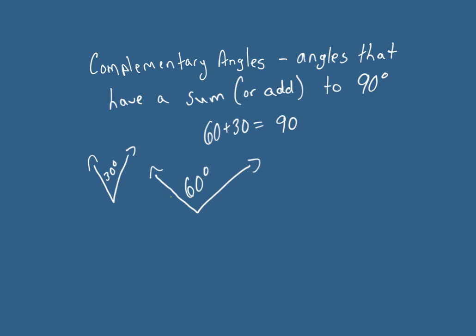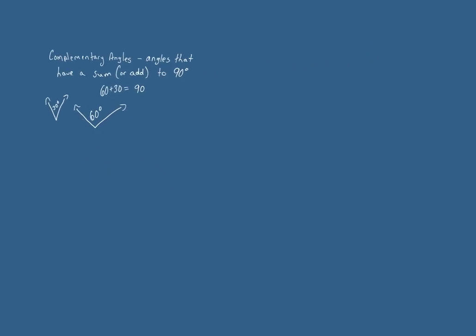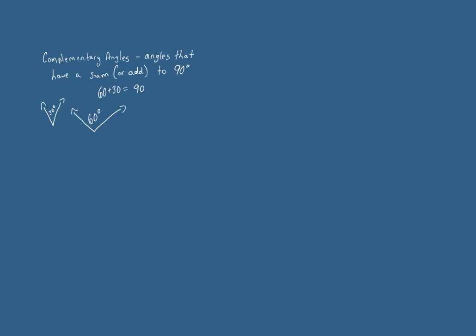Another way that you could tell if angles are complementary is if they are located inside of a right angle. And I'm going to attempt my best here to draw a right angle. So let's say that we had a line there and a line here. It's not too bad actually.